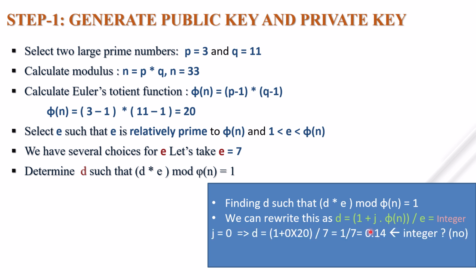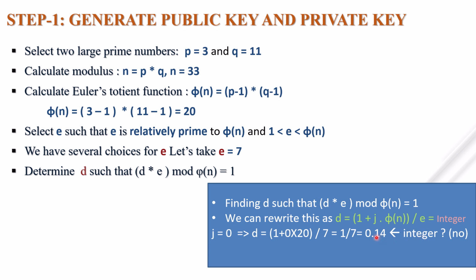Suppose J is equal to 0, then what is D? D is equal to (1 plus 0 into 20) divided by 7. So 1 divided by 7 is 0.14. It is not an integer. So this is not the answer for D.